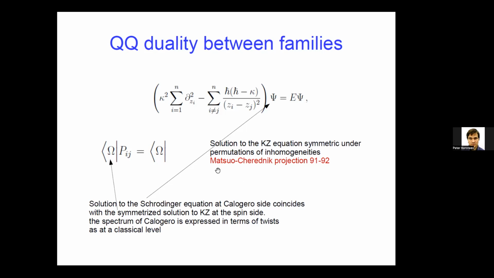Since these variables are either inhomogeneities or twists, we should look at the symmetrization of the Knizhnik-Zamolodchikov or dual Knizhnik-Zamolodchikov equation with respect to inhomogeneities or with respect to twists. If we consider the semi-classical limit, that is the Planck constant tends to infinity, it is possible to obtain the Bethe ansatz equation. The Bethe ansatz equation appears in the semi-classical limit of the Knizhnik-Zamolodchikov equation.